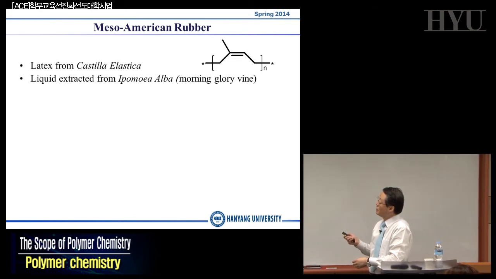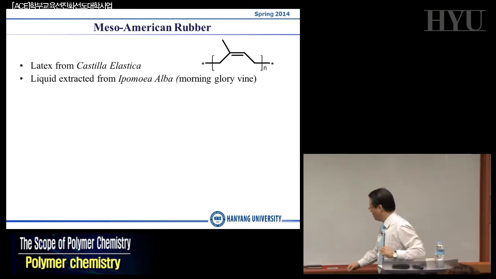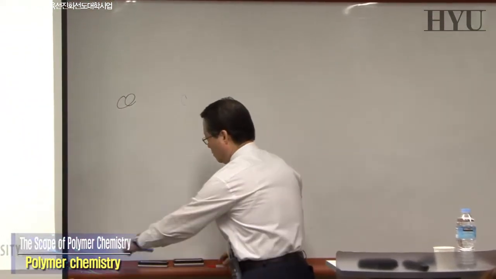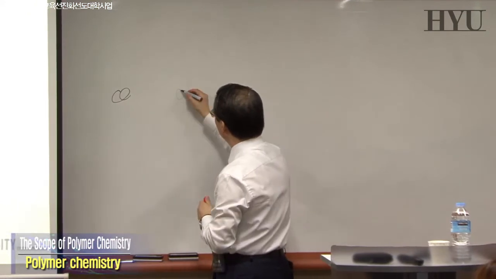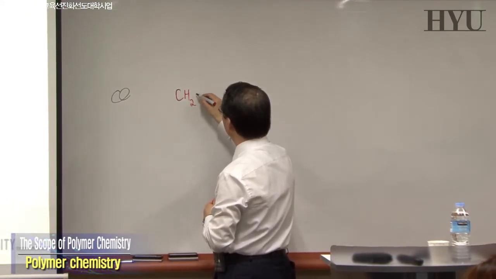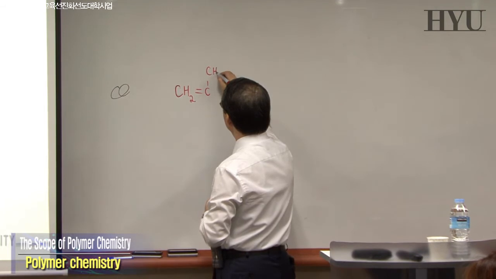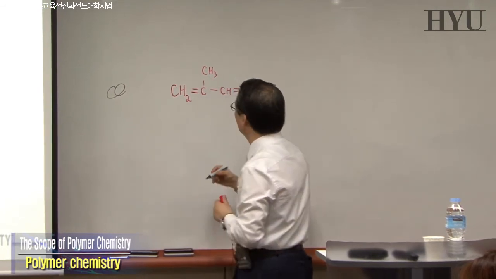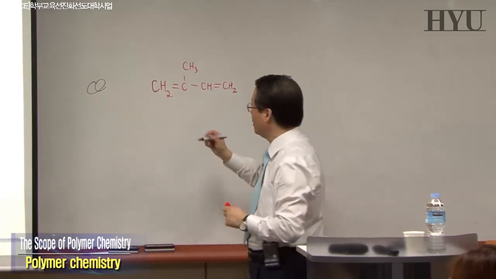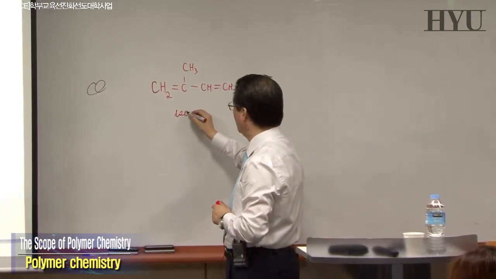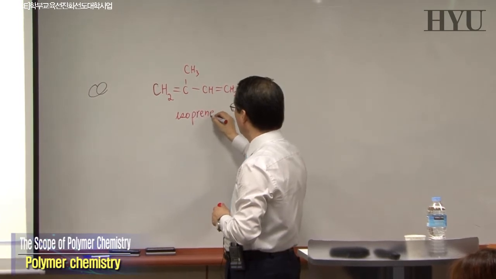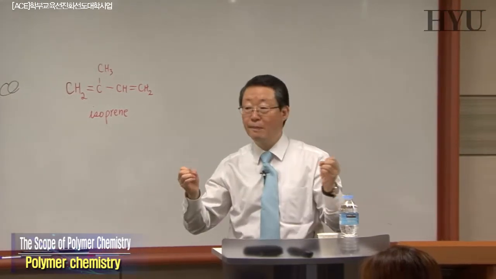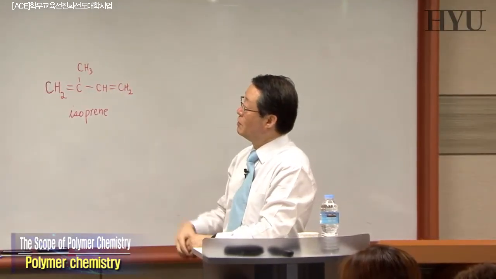Latex is the one that has isoprene, and this is the starting monomer, what we call isoprene. Once you make the polymeric structure, the structure will look very much like this.